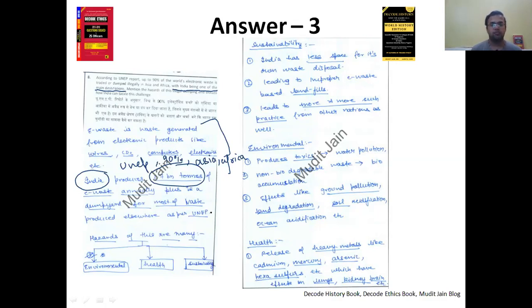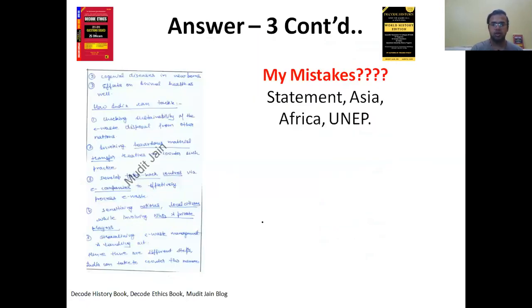Apart from that, I've followed the answer structure. I've drawn the diagram. I've divided the hazards in three parts. The one is sustainability, then environmental health. I'm mentioning points related to that. I've mentioned points about how India can tackle.